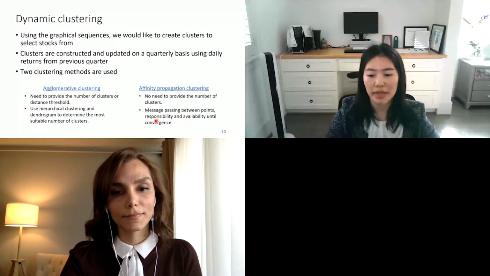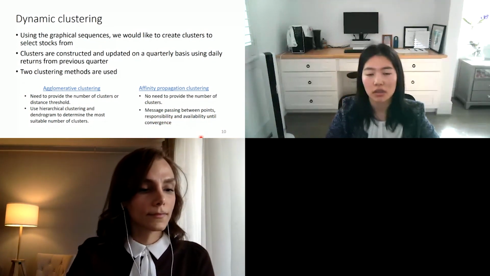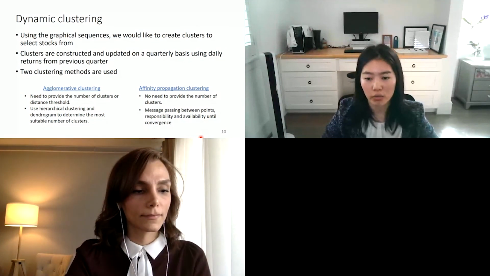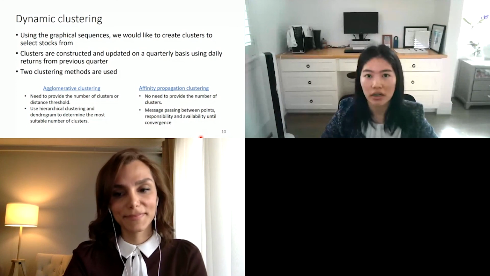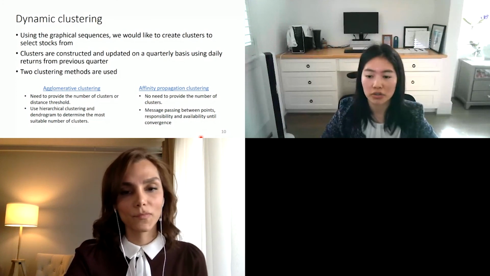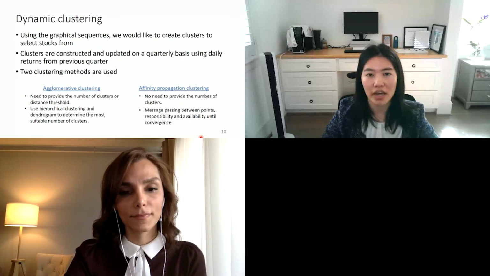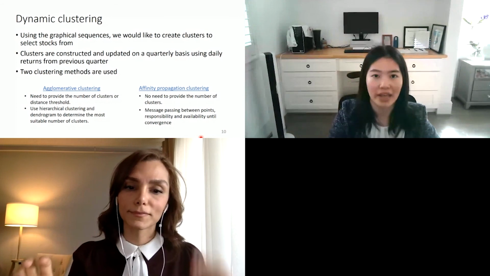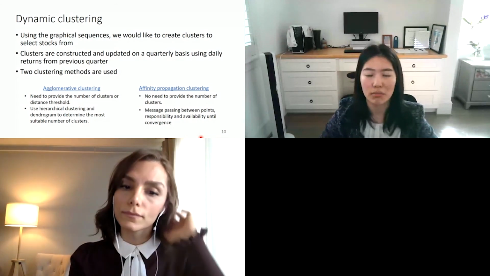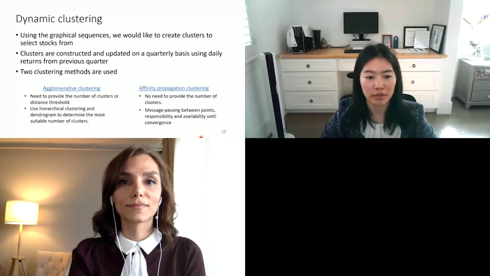So there are two matrices, the responsibility and availability matrices, that represent the messages that each data point is passing to the others. And then when it converges, that means that we have the matrices selecting the best representatives among the data points. And that's how the clusters are determined.